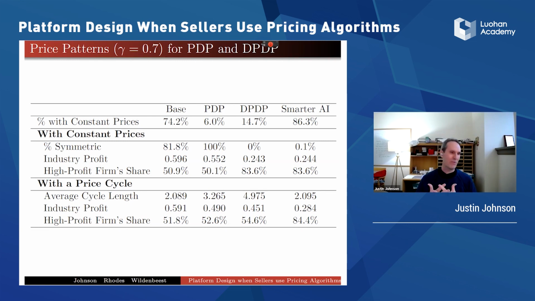And remember, demand rotation is classically considered to be a marker of collusion. So it's reassuring and intuitive that these steering policies seem to benefit consumers by breaking the ability of firms to rotate demand and split profits over time.